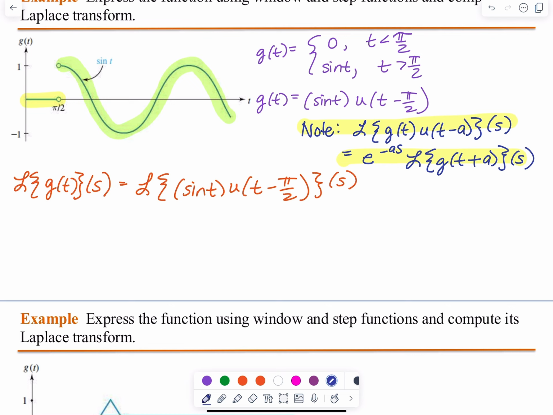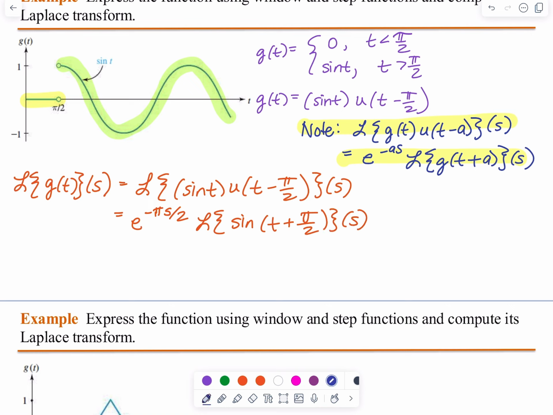And we can say that this is equal to e to the negative, because our a is pi over 2, so this is e to the negative pi s over 2, multiplied by the Laplace transform of the sine of t plus pi over 2 of s. And I'll write that here.